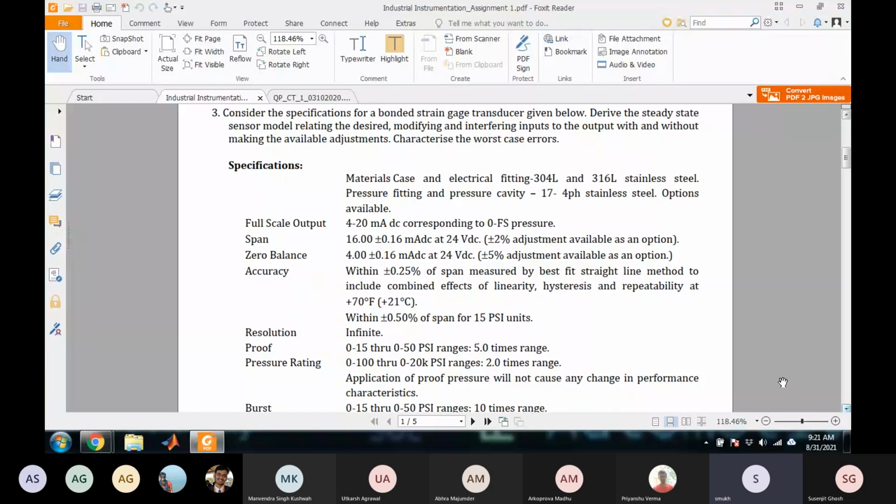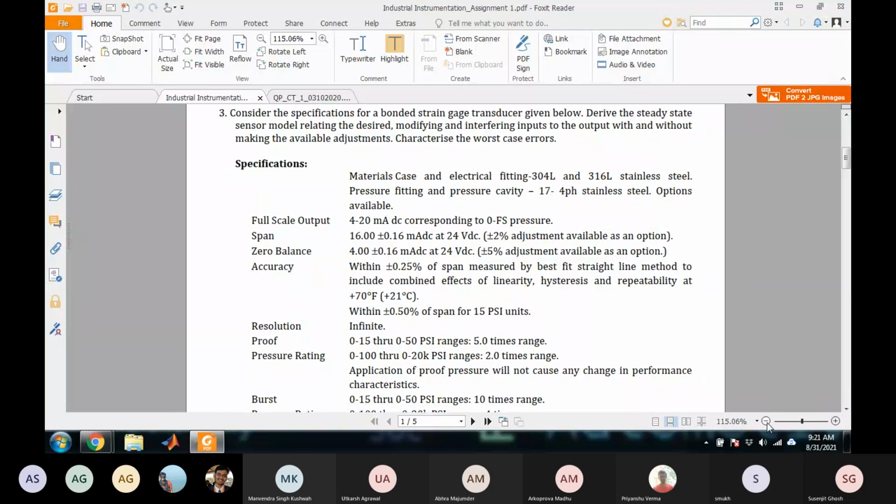Yeah, this is also readable. Let's full screen. Full screen mode. Yeah, this is readable. So let's see up to this. Yeah. Where is this noise coming from?